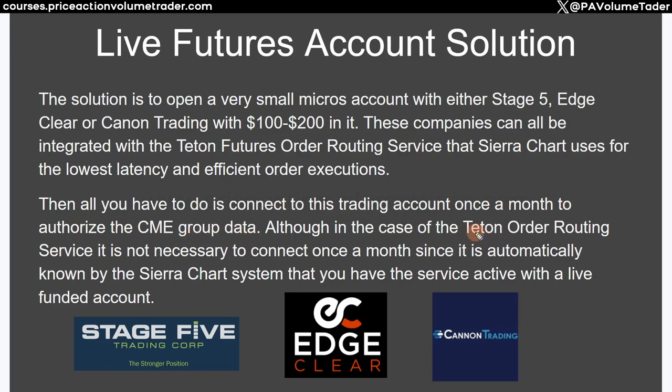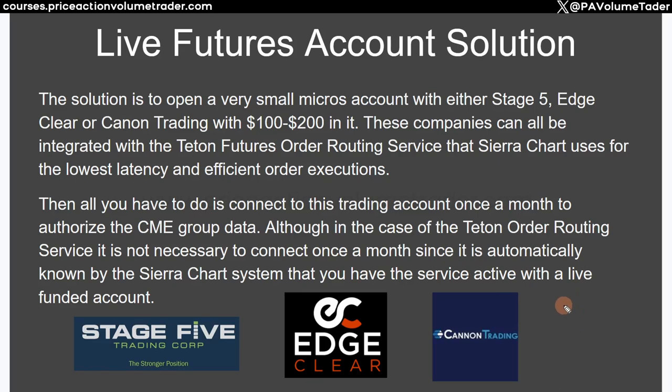Although in the case, like I said, with the Teton Order Routing Service, if you open an account with these companies and tell them to set you up with Sierra Chart with Teton Order Routing, all you have to do is give them your Sierra Chart username. They're going to connect you on the back end, and that way Sierra Chart system is already going to know that you have a live account activated and you're pretty much all set to go.